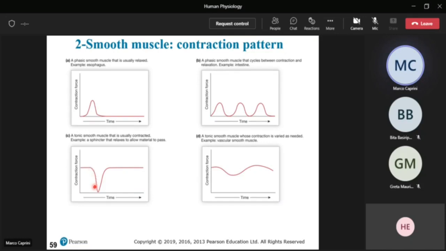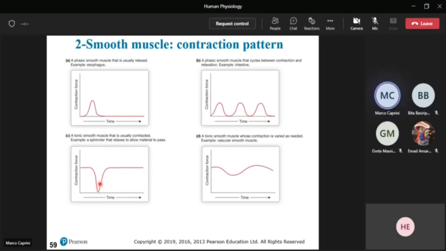And then the muscle goes again into its contraction state, returning to a contraction force similar to the beginning. So this is completely different, because in the tonic smooth muscle the muscle is usually contracted. In the phasic smooth muscle, the muscle is usually relaxed.